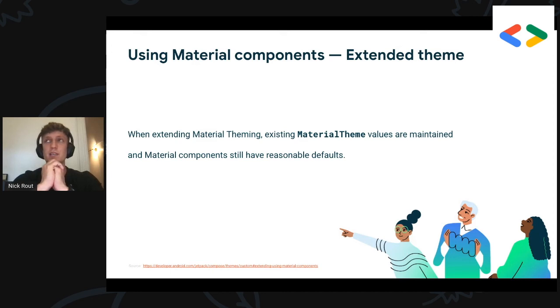So if you were to use them in a case where, let's say, you use a fully custom design system, their defaults are going to be kind of strange. They're not going to be able to find the theming values, and they may not work as you expect out of the box. So you need to do a bit of workarounds here, depending on the extent of your custom design system.